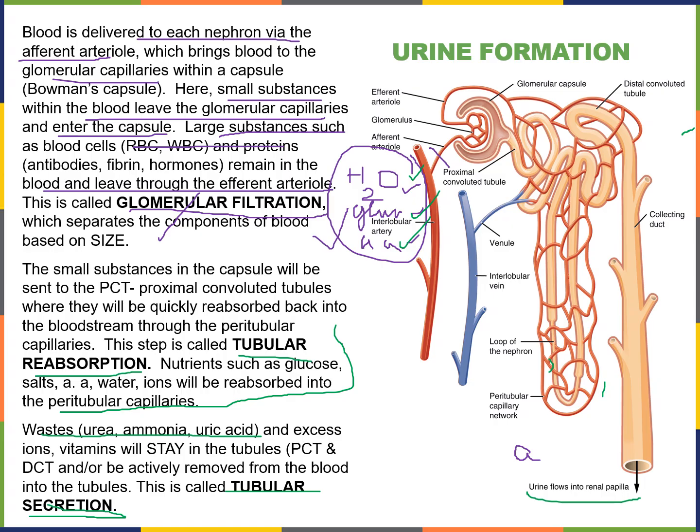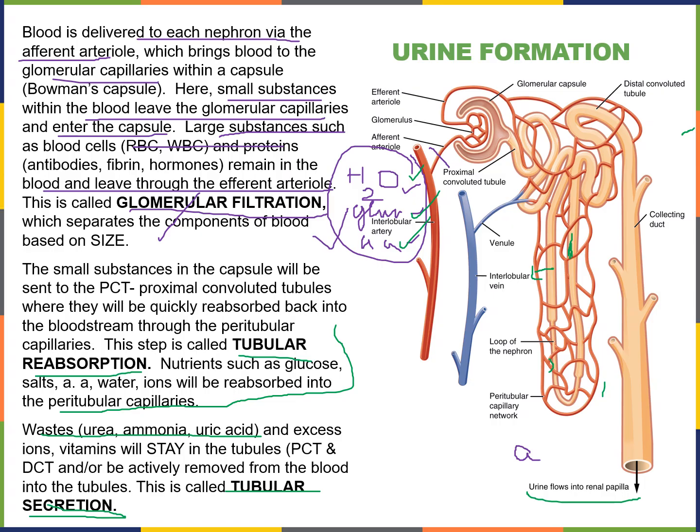Tubular secretion is the reverse of tubular reabsorption. Tubular reabsorption was substances moving from the tubule system into blood. And tubular reabsorption could also occur in the distal convoluted tubule. Any of that excess water that needs to be kept will be reabsorbed there.